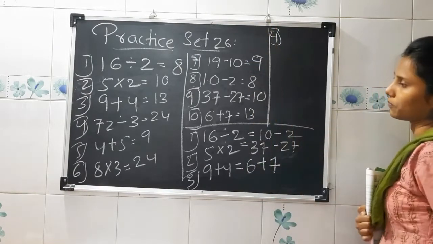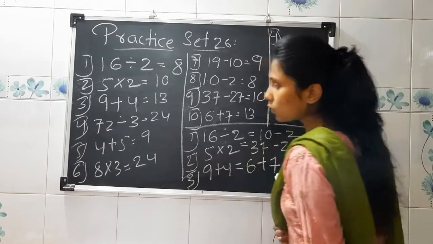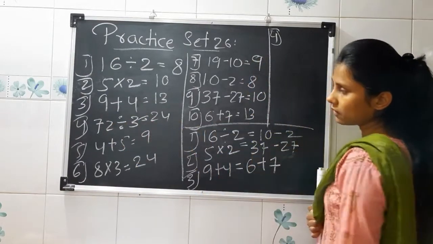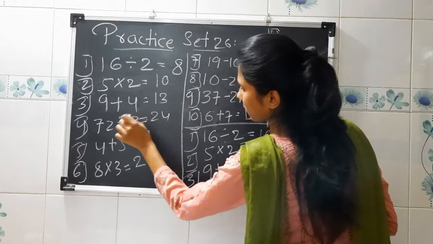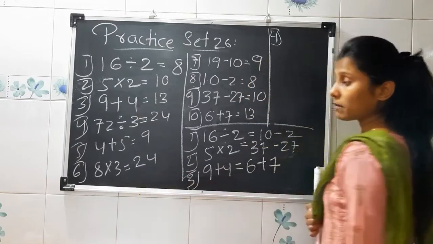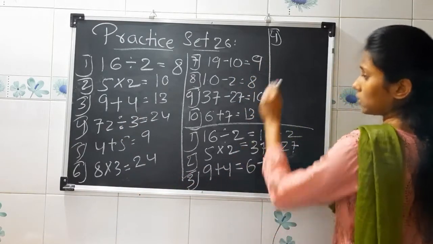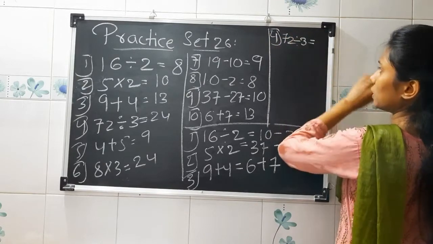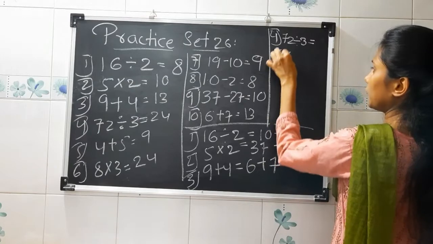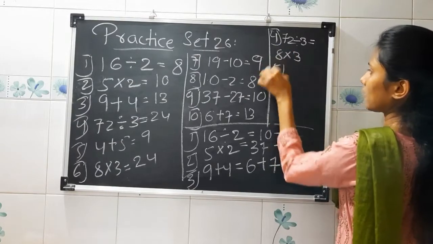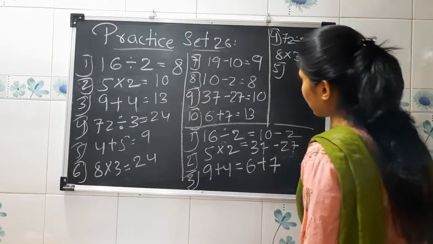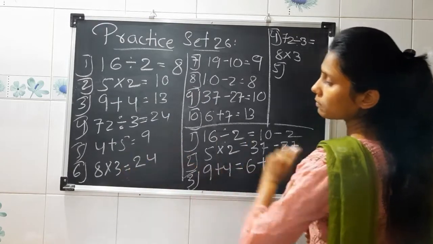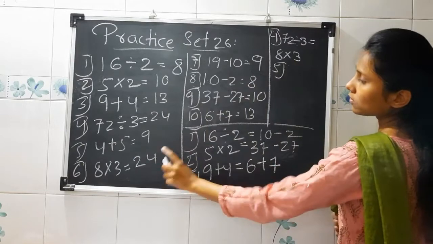Now the fourth one. 72 divided by 3 gives you the answer 24. Similarly, 8 multiplied by 3 is also 24. So therefore, 72 divided by 3 is equal to 8 into 3. Okay, this is our fourth equation. And the last, 4 plus 5 is equal to 9.